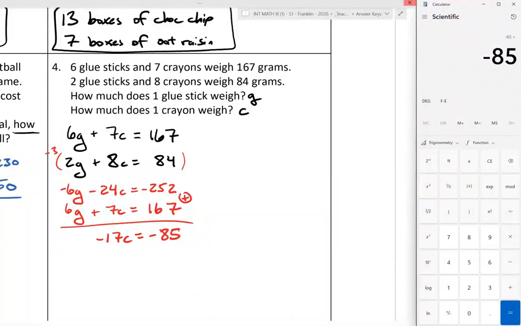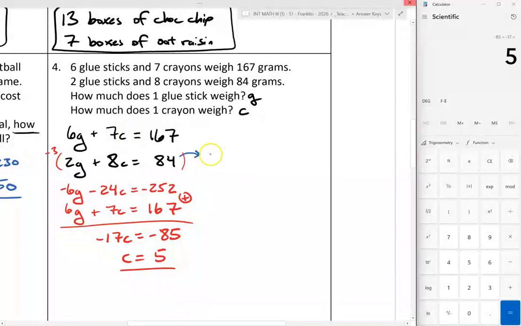So all I'm doing is dividing by negative 17 then, and we get 5. So a crayon weighs 5 grams. Now to find the weight of a glue stick, we're going to put 5 in for C in one of these two equations. Doesn't honestly matter which one. I'll use this one because 5 times 8 gives me a 40 instead of a 35 on the other one.